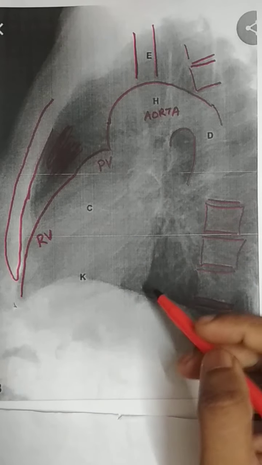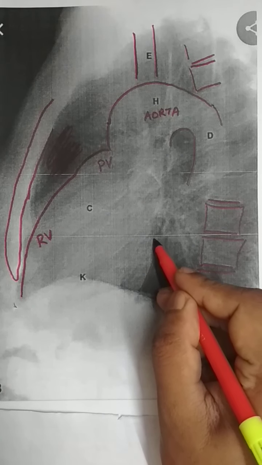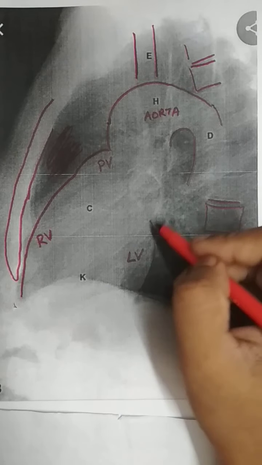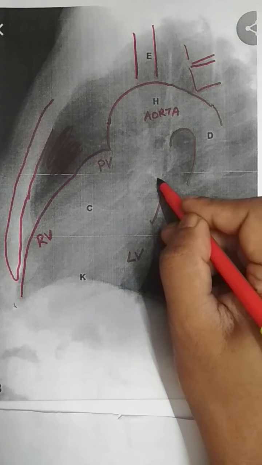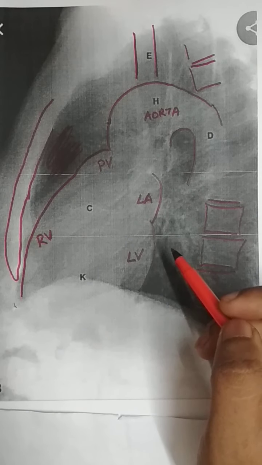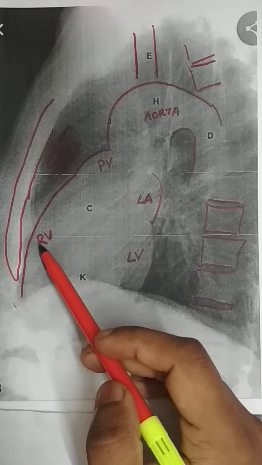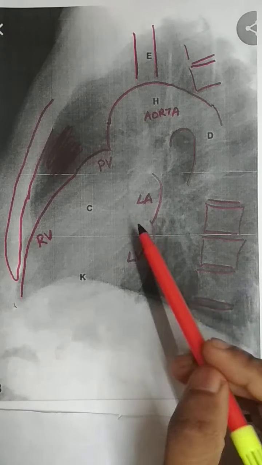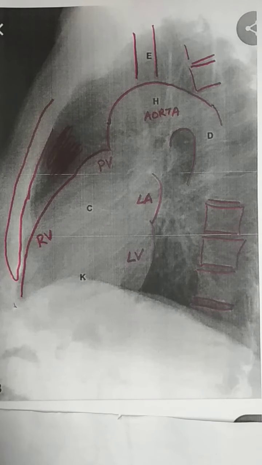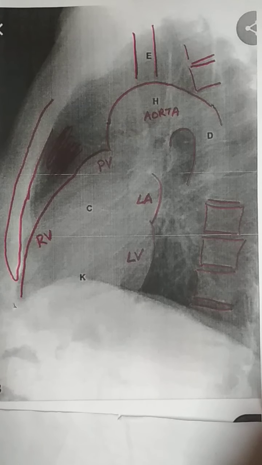Then posteriorly we have the left ventricle, then the left atrium. The left atrium is the posterior most chamber. Sometimes if there is hypertrophy of the heart, the chambers will extend in different directions.